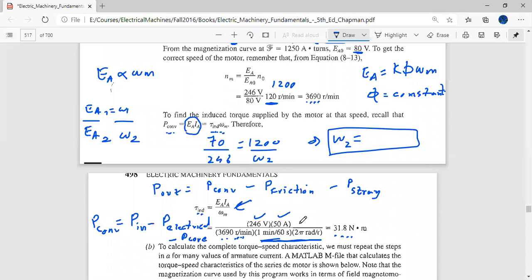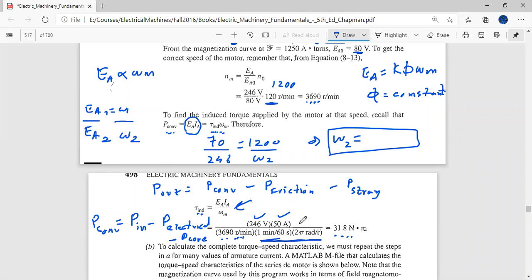Are there any questions? So I've also discussed the power analysis of this DC motor, and the power analysis is very similar to the synchronous machines. But in this machine, the converted power in a DC motor is equal to the final electrical energy reaching the armature. So P converted is equal to EA times IA. This formula is valid for all three types of DC motors. And this is also equal to the developed mechanical power, which is torque induced times omega m.